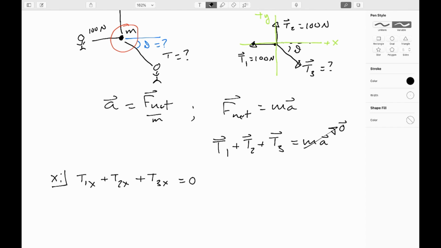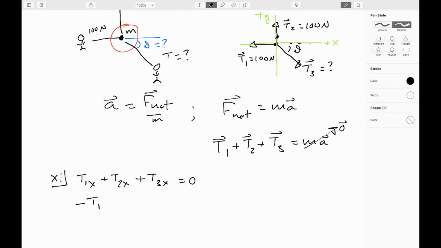Since 100% of it is along the x-axis, all we have to do is figure out, is it pointing right or left? It's pointing left. So for T1x, I can just write minus T1, because the whole thing is along the x-axis, and the minus sign means to the left.